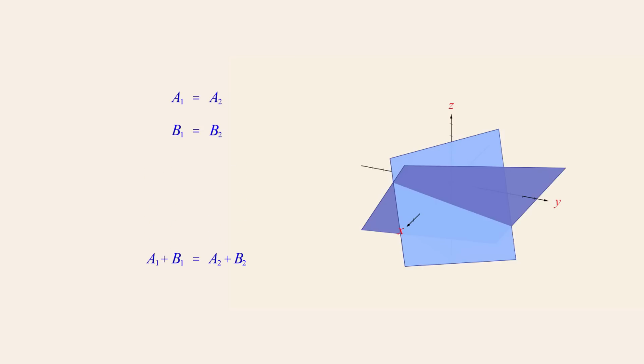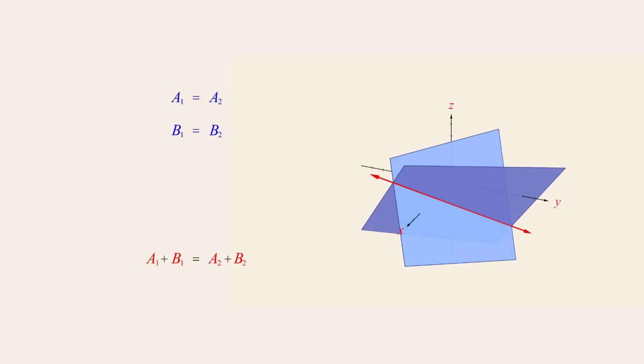Since the intersection of the graphs represents all the points at which equations A and B are both satisfied, at every point on the line of intersection, expressions A1 and A2 have the same value, and expressions B1 and B2 have the same value. So at every point on this line, both sides of the resulting equation have the same value, and that equation will also be satisfied.